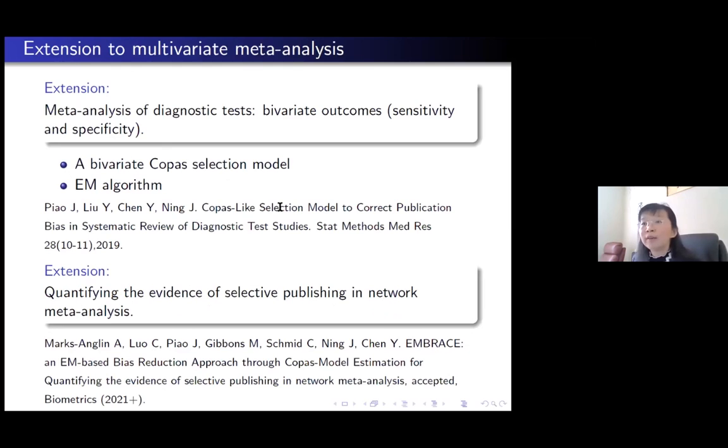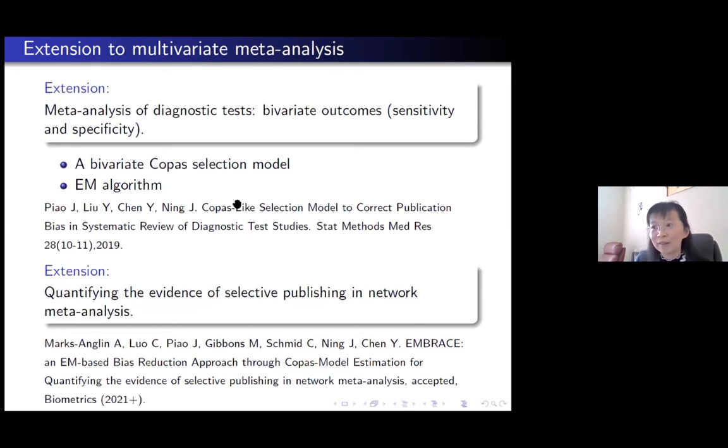Multivariate meta-analysis is also popular in evaluating diagnostic tests, where the performance is often described by a pair of measures such as sensitivity and specificity. The methods that account for publication bias in multivariate meta-analysis are very limited in the literature.